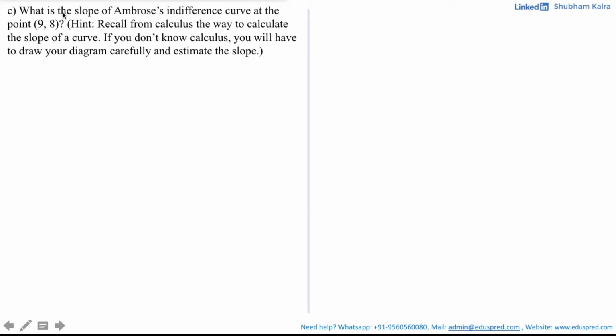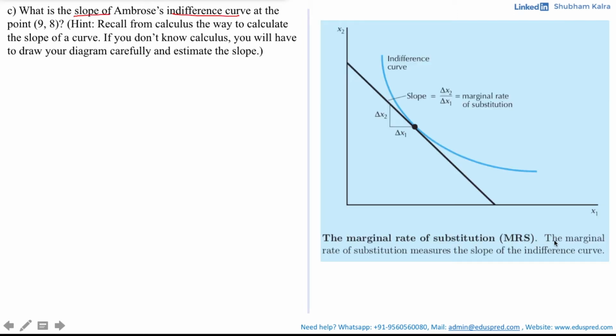Before solving this question, let's first learn what we mean by the slope of an indifference curve. The marginal rate of substitution measures the slope of the indifference curve. So what do we mean by it graphically? Consider this graph where on the x-axis you have good x1 and on the y-axis you have good x2. And this blue graph is your indifference curve.